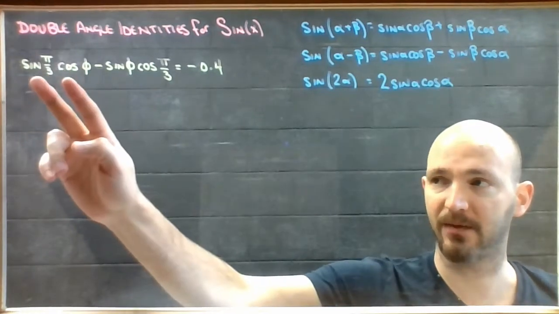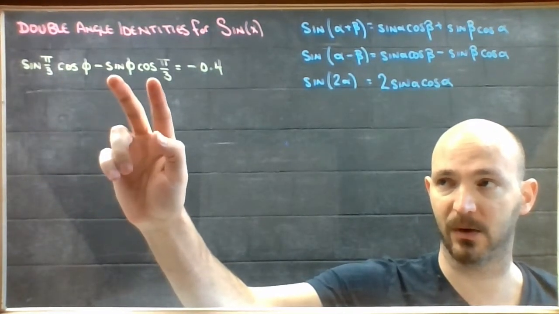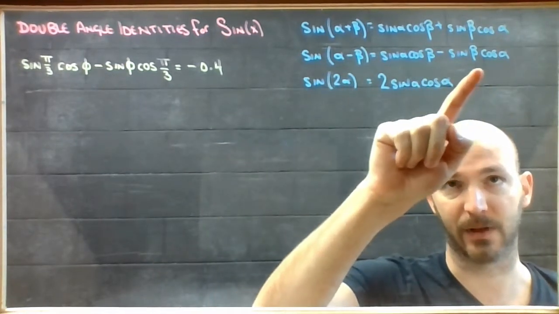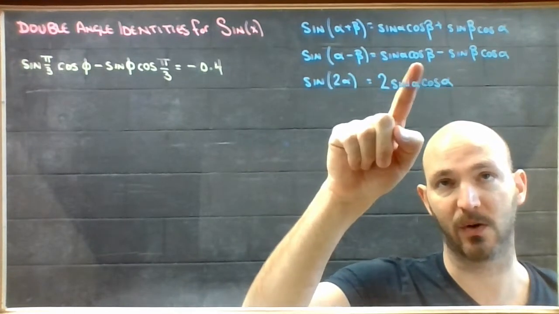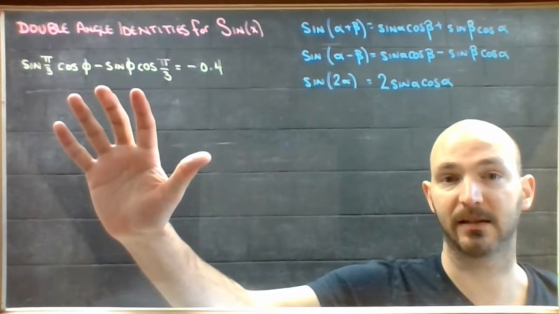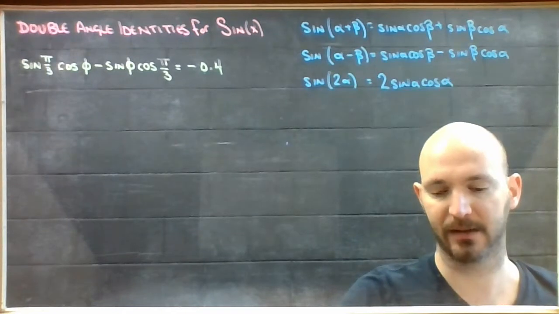You notice I have a sine of something, cos of something, minus a sine of something, cos of something. Well, that looks like this one here in the middle, right? I have a sine cos minus a sine cos.